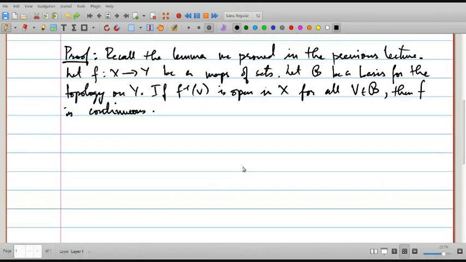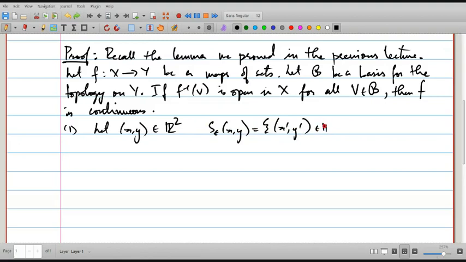So let us consider the first assertion. Let (x, y) be in R2, and recall that we use the notation S epsilon (x, y) for those pairs (x prime, y prime) in R2 such that the absolute value of x minus x prime is less than epsilon, and the absolute value of y minus y prime is also less than epsilon.